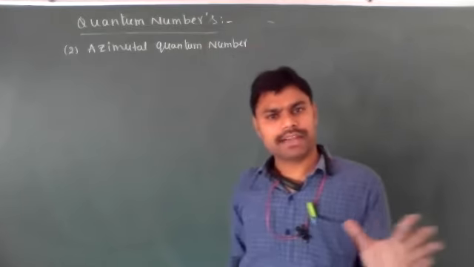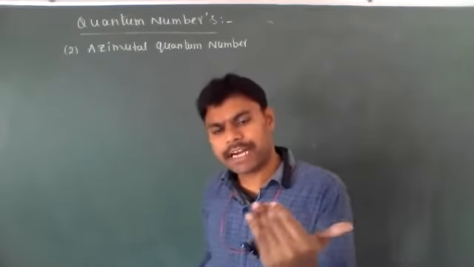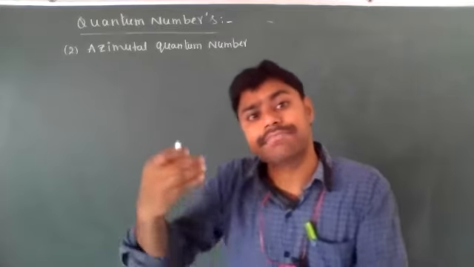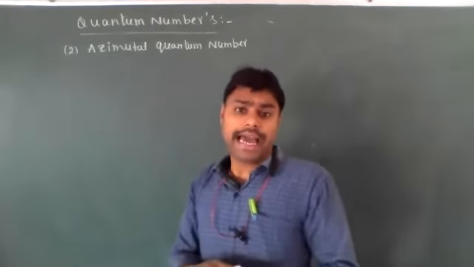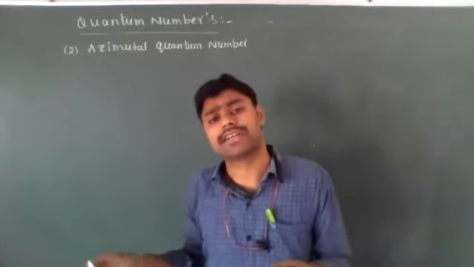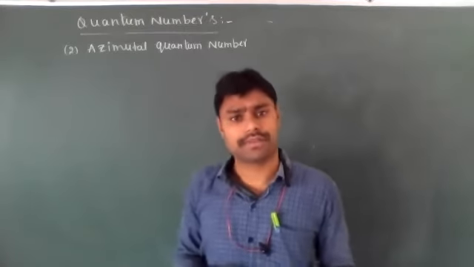See, the principal quantum number is independent, but the azimuthal quantum number depends on the principal quantum number. The magnetic quantum number depends on the azimuthal quantum number. Again, the spin quantum number will come. The spin quantum number is again independent. It does not depend on any other quantum numbers.